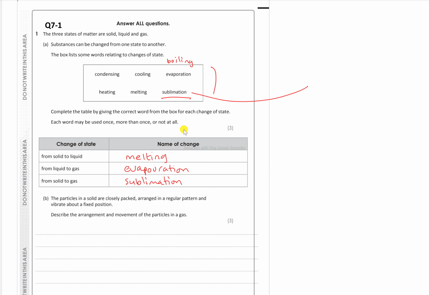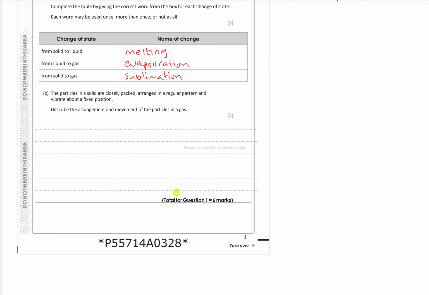And remember what we said about that, the other way is desublimation, or deposition. Deposition. Okay.